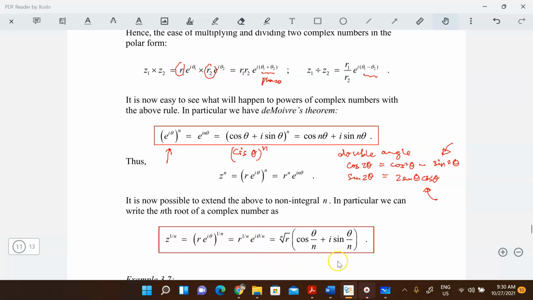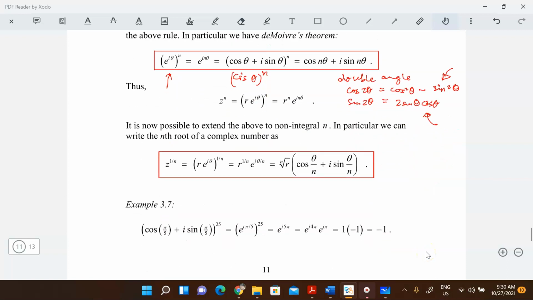So again you have this simple formula that you can use to evaluate the nth root of a complex number. So let's look at some examples. I think everyone knows how to do this. One of the standard examples that you must know almost immediately, without thinking too much, is cases like what happens to certain angles.